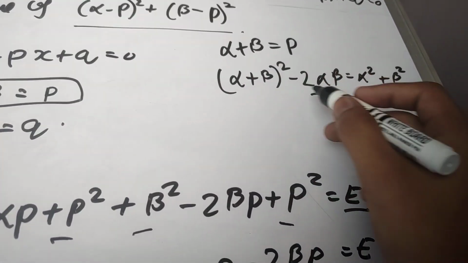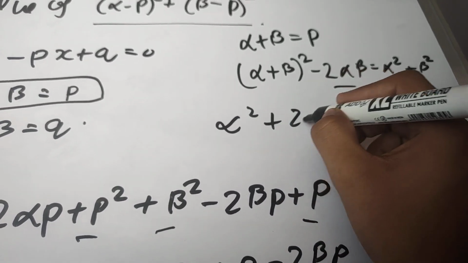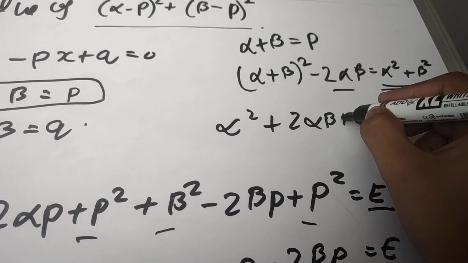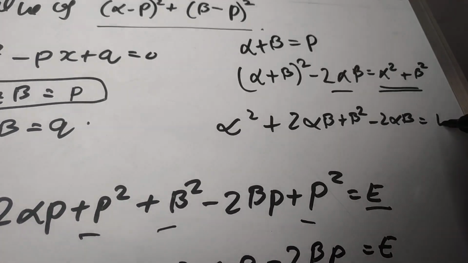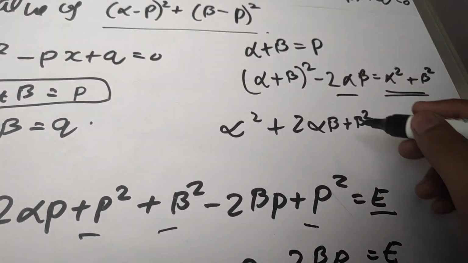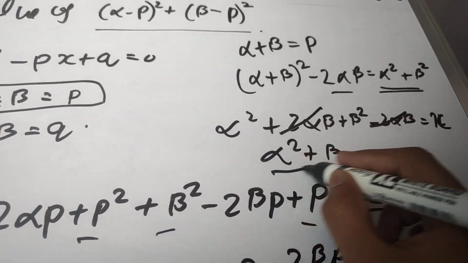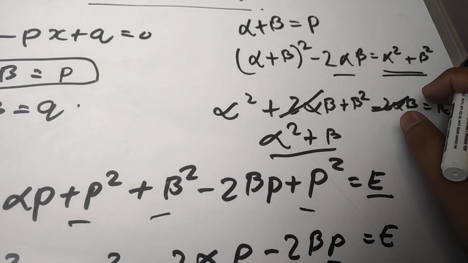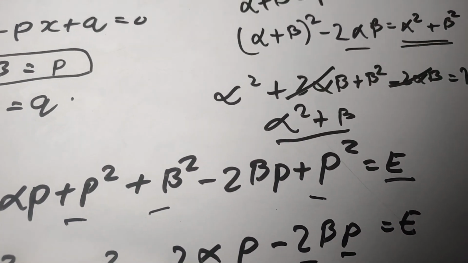If we simplify this, alpha square plus 2 alpha beta plus beta square minus 2 alpha beta, the 2 alpha beta cancel, and we get alpha square plus beta square, the same value as we got here. So this is a very important identity which we have to remember.